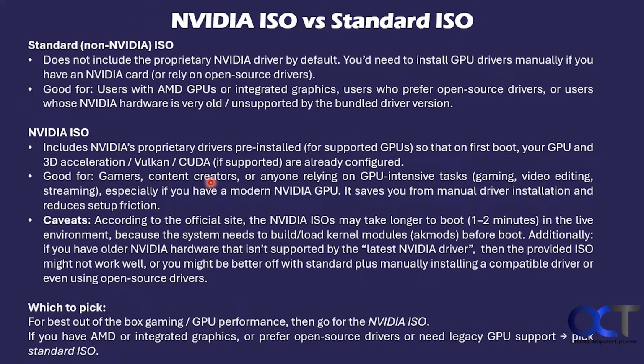It's good for gamers, content creators, or anyone relying on GPU-intensive tasks. But according to the official site, these NVIDIA ISOs may take longer to boot in the live mode because the system needs to build and load the kernel modules before boot. And then, of course, you might run into issues if you have older hardware. All right, so for the best out-of-the-box gaming experience, go for the NVIDIA ISO, assuming you have an NVIDIA GPU. And if you don't, go for the standard one.